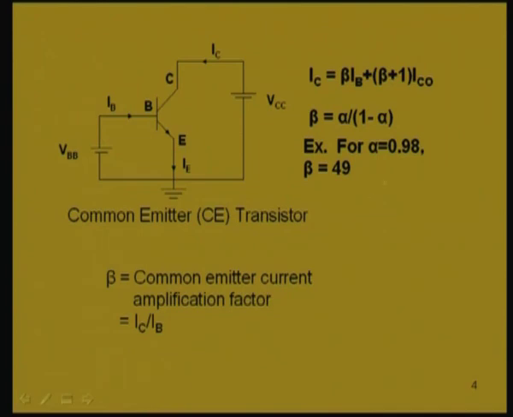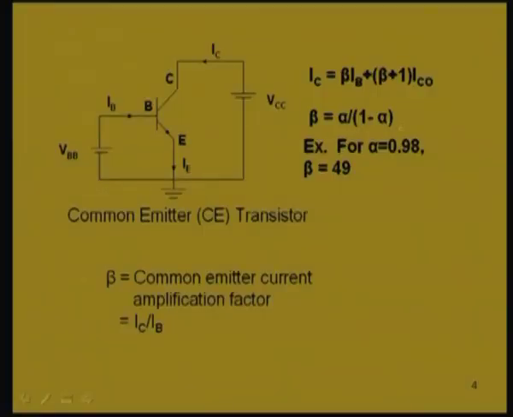So, this beta is an important parameter as far as common emitter transistor is concerned, because it determines the current amplification, how much the output current is amplified with respect to the input current. Alpha is very less, we know it is less than 1, but for a small alpha the corresponding beta will be very large.